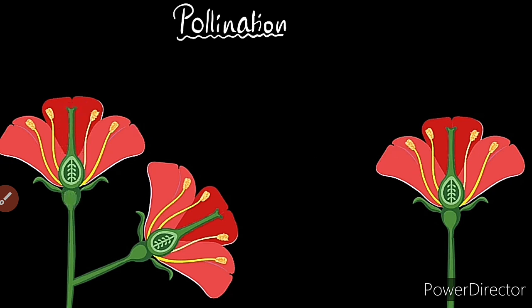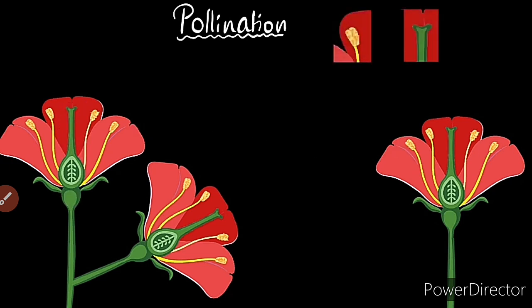Here the pollen grain is present at the top part of the male organ, and here is the stigma. So the transfer of the pollen grain from the anther to the stigma is basically called pollination.